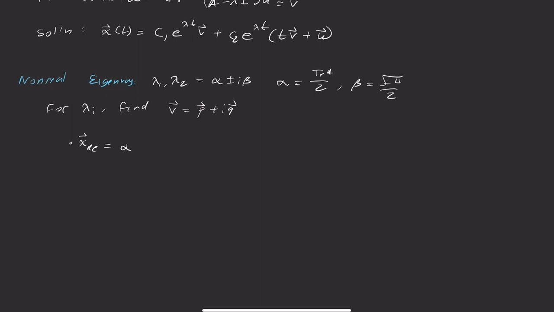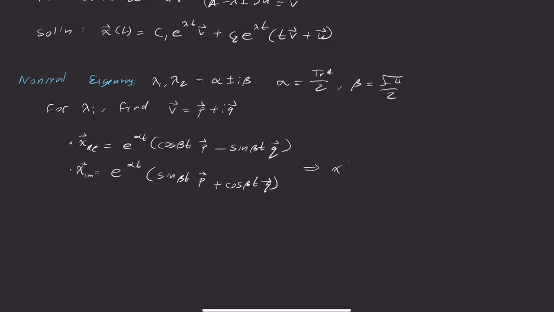So x re is given by e to the alpha t times cosine of beta t times your vector p minus sine of beta t times your vector q, and your imaginary x is given by e to the alpha t times sine of beta t times p plus cosine of beta t times q. Thus your final solution becomes x vector of t is equal to c1 times your real solution x re plus some other constant c2 times your x im.